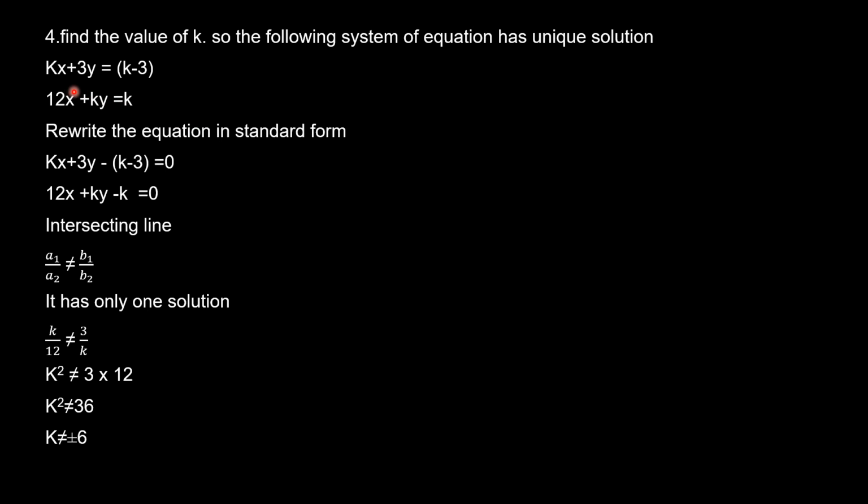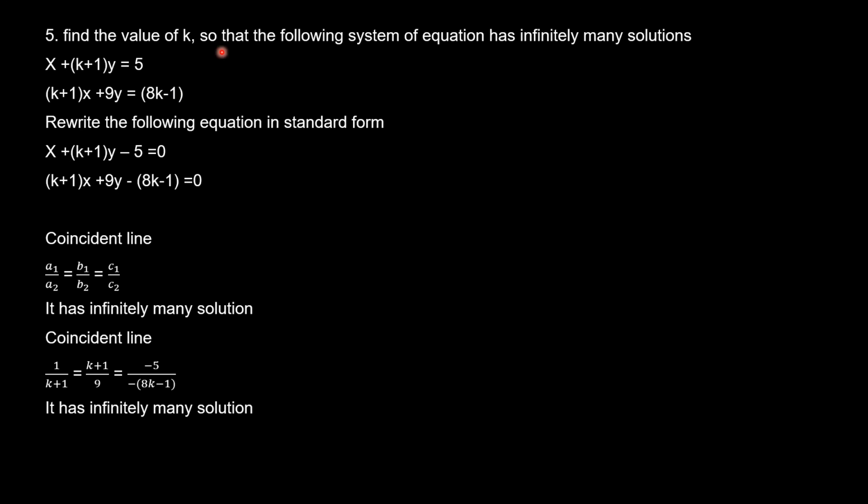Take the equation kx plus 3y equal to k minus 3 and write it in the standard form: kx plus 3y minus k minus 3 equal to 0, and 12x plus ky minus k equal to 0. For an intersecting line, a1 by a2 is not equal to b1 by b2, that is k by 12 is not equal to 3 by k. Cross multiplying, k square is not equal to 36, then k is not equal to plus or minus 6. Going to the next problem.